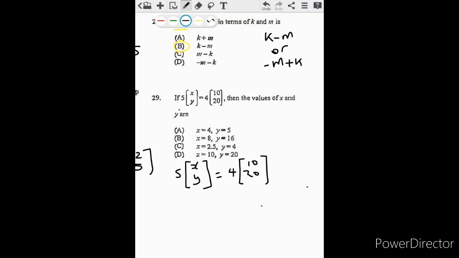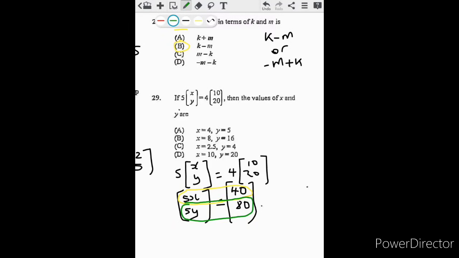Now multiplying, we have 5x, and then we have 5y, and that is equal to 4 multiplied by 10, which is 40, and then 4 multiplied by 20 is 80. So 5x would be equal to 40, and then 5y would be equal to 80.